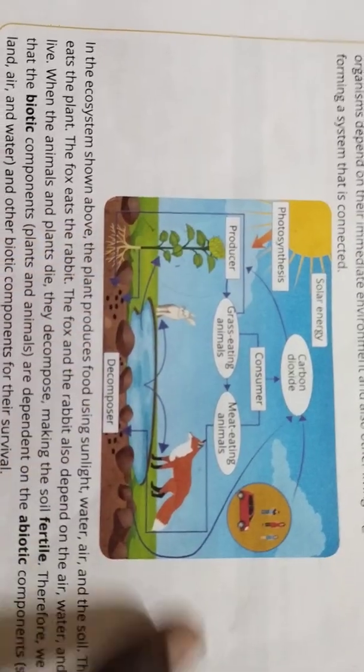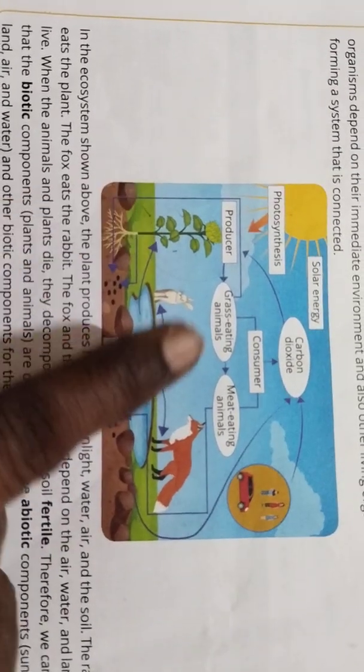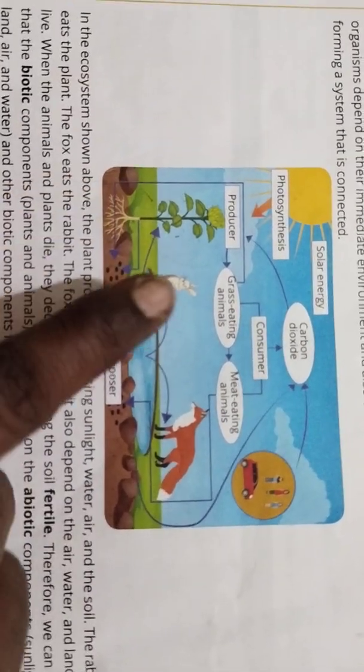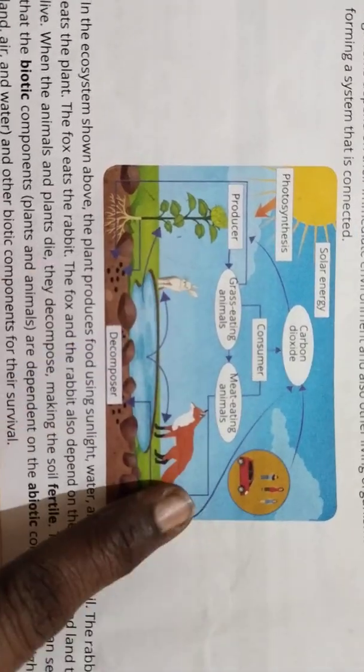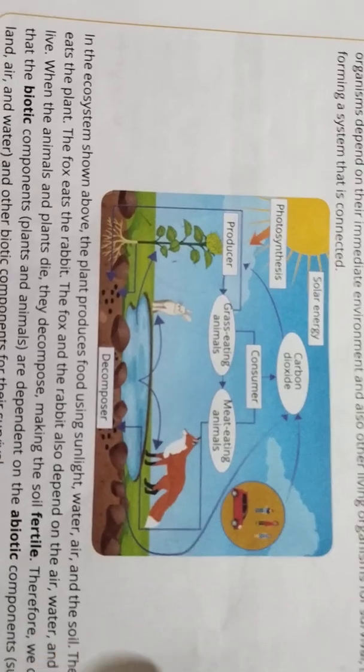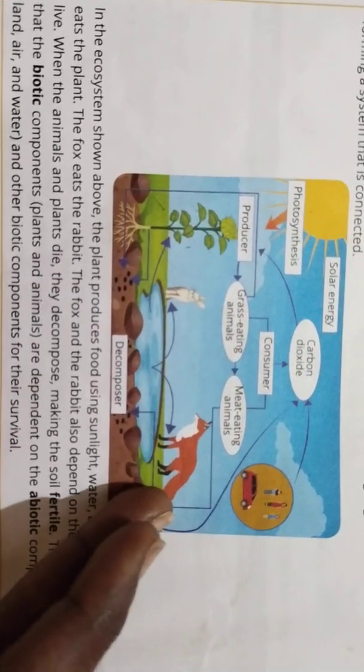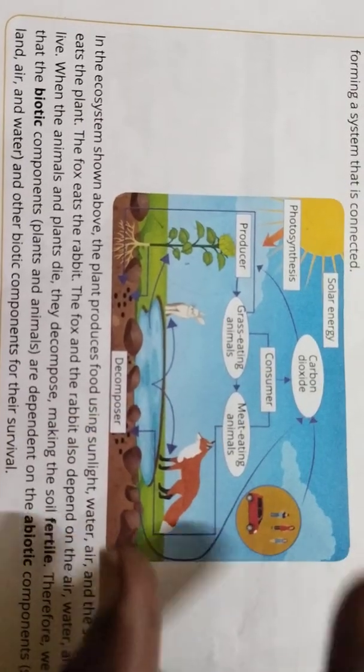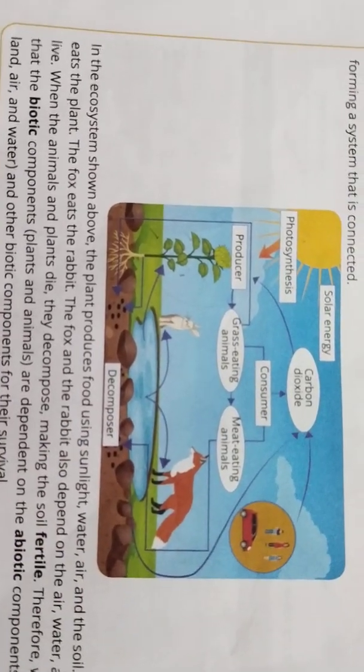The food chain is given like this as an ecosystem. From sunlight it gets light, the animal eats the grass, and the fox eats the rabbit. Like that you have to make another example of an ecosystem using biotic and abiotic components. Okay, so you have to answer this question in about 80 words.